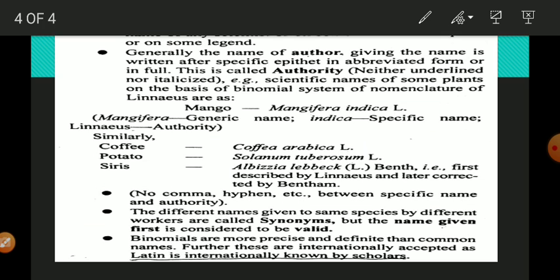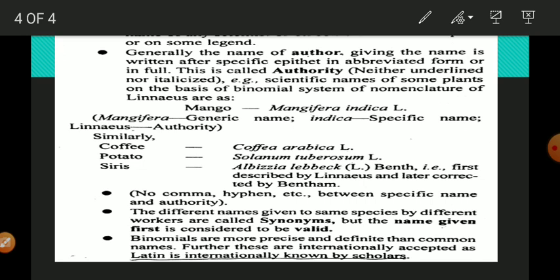The different names given to the same species by different workers are called synonyms, but the name given first is considered to be the valid one. Suppose two or three names are given to a specific plant; these are synonyms, but the first name given to that species is considered valid.